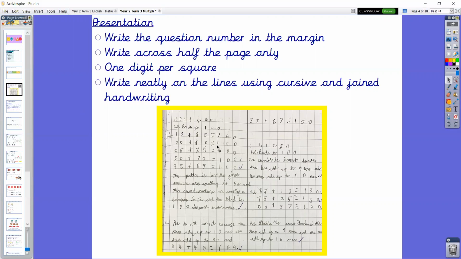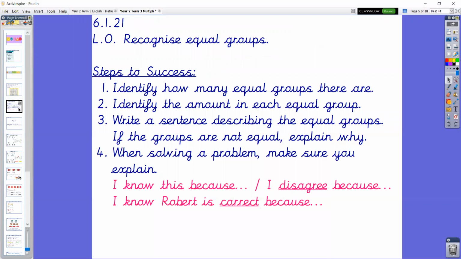It'd be brilliant if you can continue to use one digit per square, but of course when we come to using words, we write neatly on the line using cursive and joined handwriting rather than one letter per square. I know you take great pride in what you do, so I'm sure your presentation will be fantastic at home as well. So today we are going to be focusing on recognising equal groups.